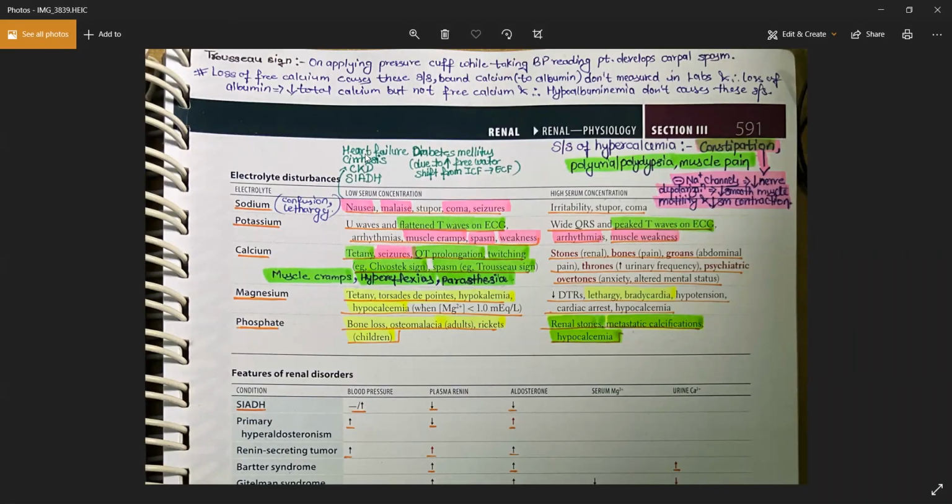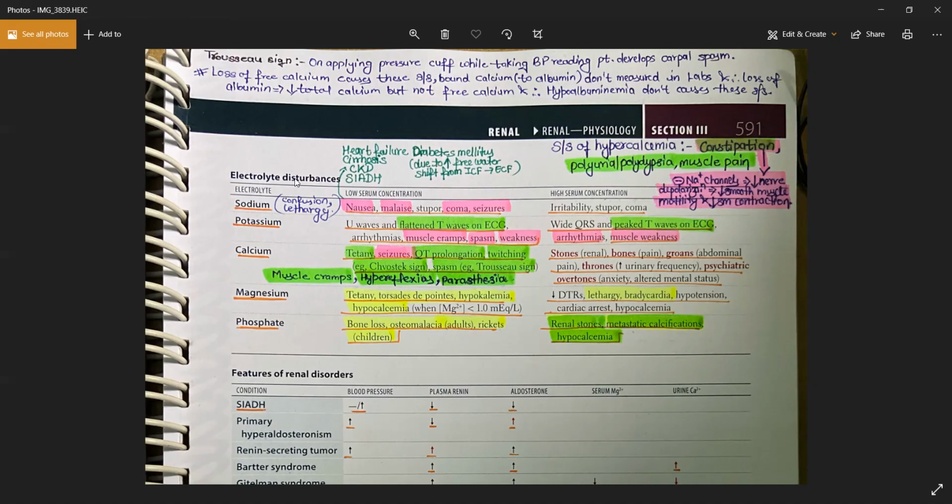In cirrhosis, your liver is not functioning very well, which can also cause low sodium levels. In heart failure, you have activation of ADH and a hypervolemic state, so you will get dilutional hyponatremia, right? Diabetes mellitus causes an overall natriuresis, and because of the high volume condition, again dilutional hyponatremia is present. So these are all the causes of low sodium levels.